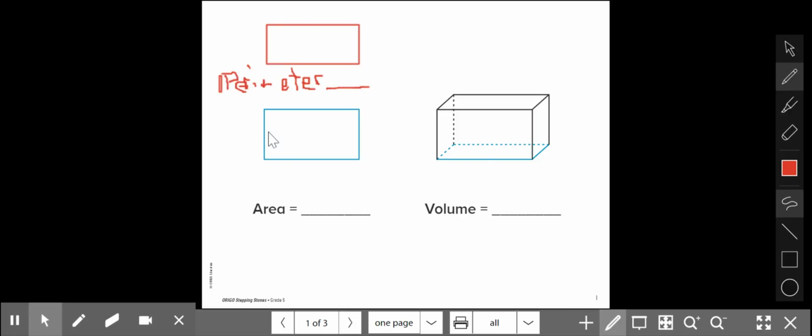Okay, the area is going to be in a square number, so we'll have a little square at the top, and it will depend on, are we going to be in meters or centimeters or feet. If we're talking about floor, we might be talking about yards squared.